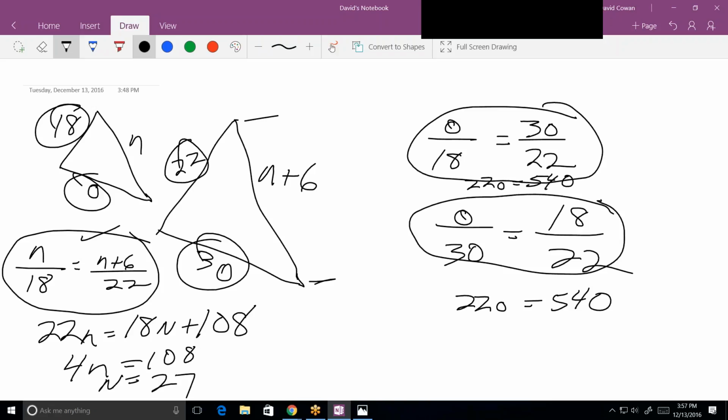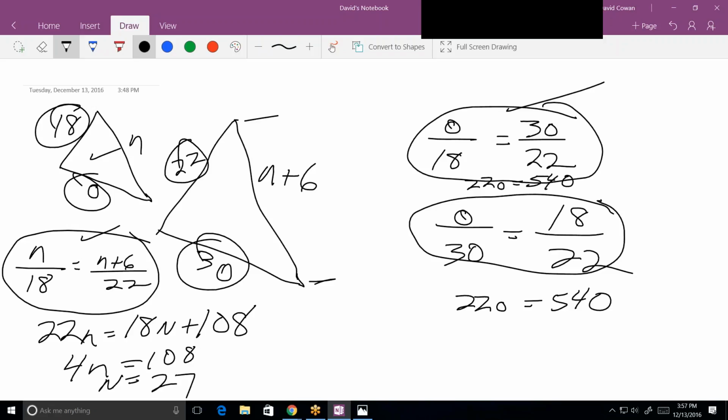In the first case, I related O to another side of the same triangle, and in the second case, I related O to the corresponding side of the other triangle. But it produced the same results. And that's the nature of similar triangles.